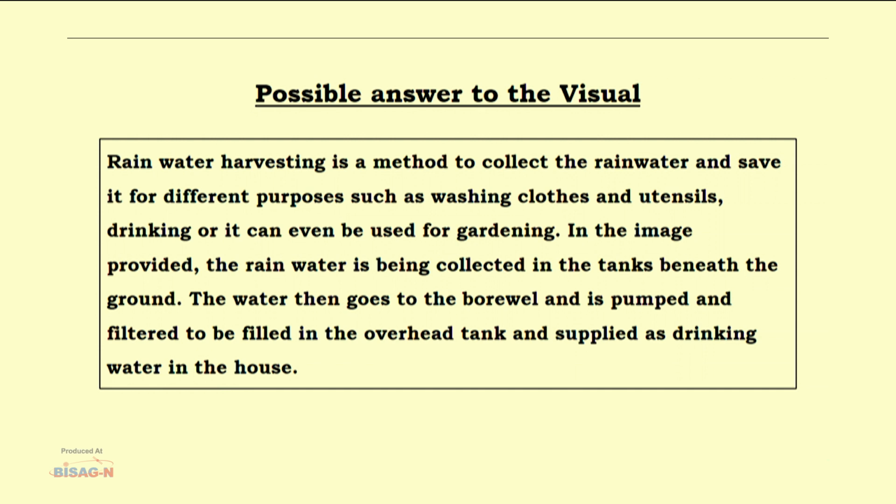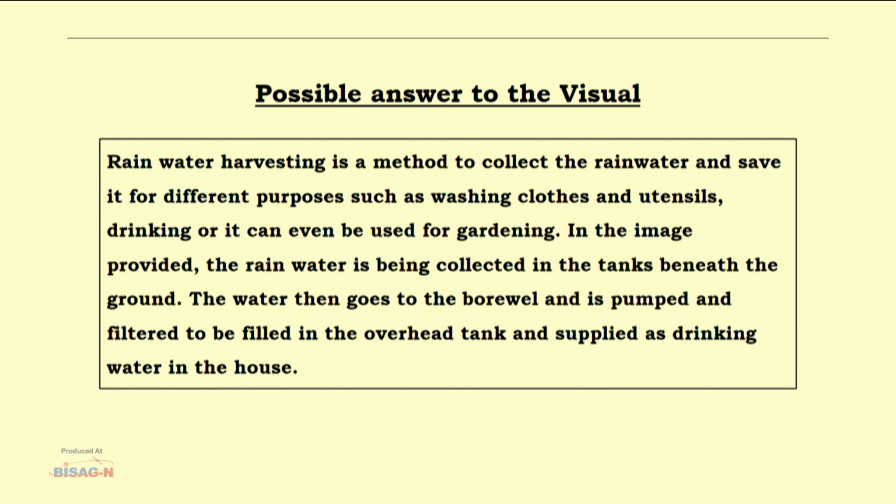We have also mentioned that this rainwater is used in washing clothes and utensils, which is an advantage. We have also stated where the water is being collected, which is in tanks beneath the ground. And we have also mentioned that this water is pumped and filtered and supplied as drinking water.